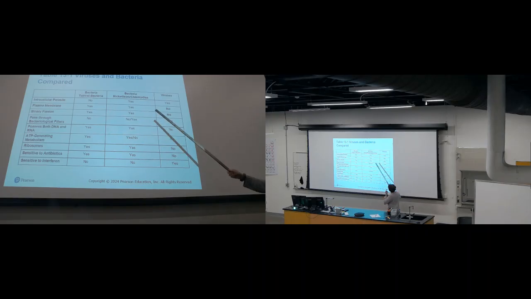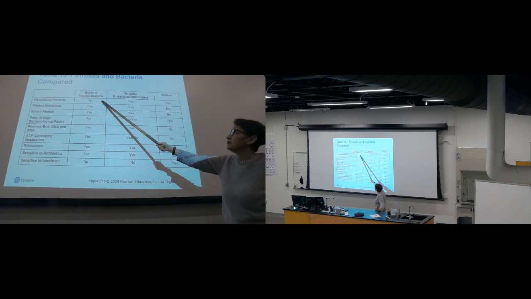In the classification of bacteria that has rickettsia and chlamydias, we have these intracellular parasites that are similar to viruses, but the rest of the bacteria are not intracellular parasites.